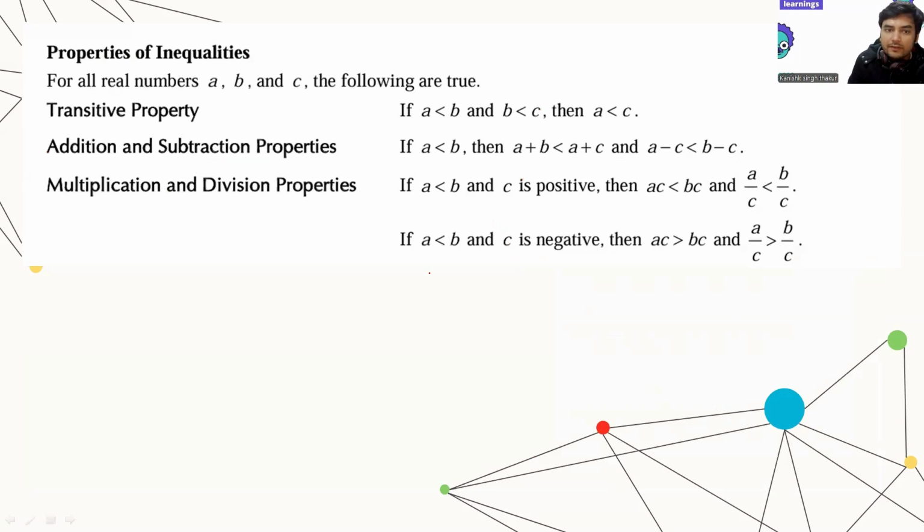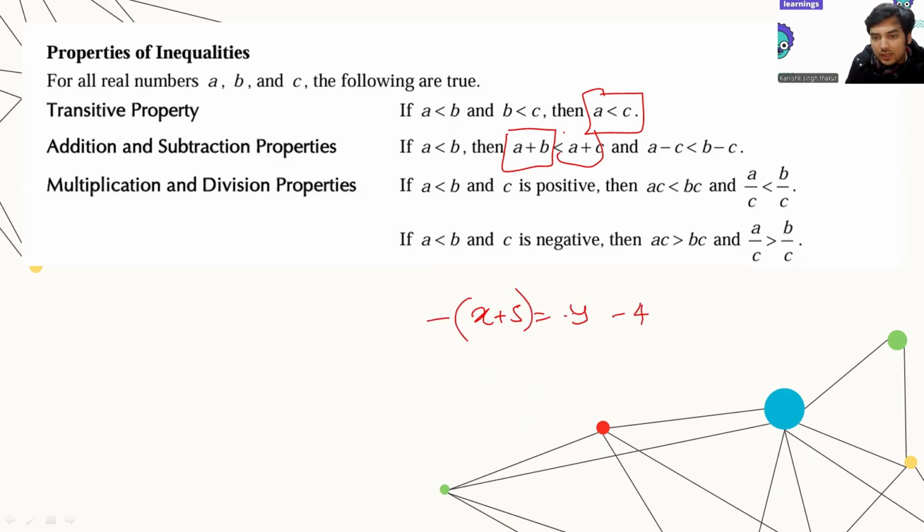Now, the properties of inequality are the same as for equality. Transitive property: A is less than B, B is less than C, so A is less than C, right? Now, only one thing you have to remember here: in equality, suppose you have x plus 5 equal to y minus 4, and you multiply by a negative sign, nothing happens.